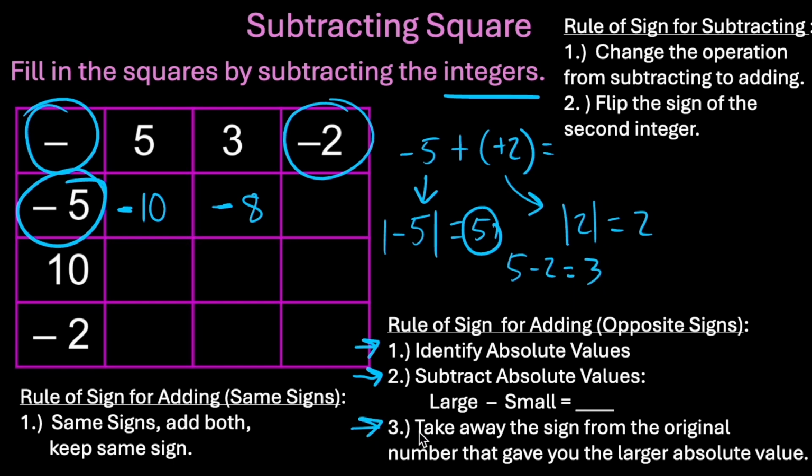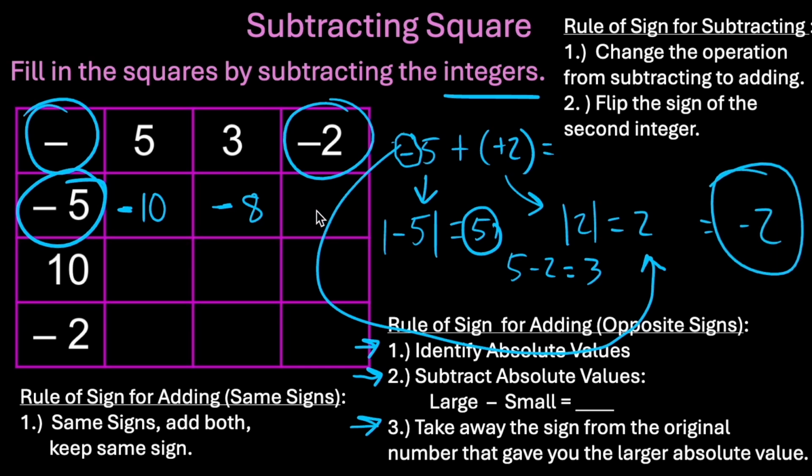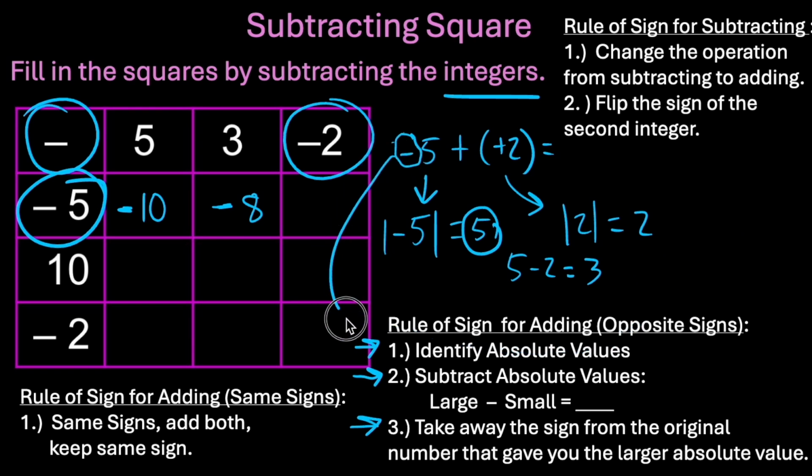The last step is to take the sign from the original number that gave you the larger absolute value. 5 is the larger absolute value, and the original number is -5. So we take that negative sign and give it to the answer. So the answer is -2. Oh, sorry, it's -3. I apologize. Let me erase that. We give that sign to the 3, so the answer becomes -3.